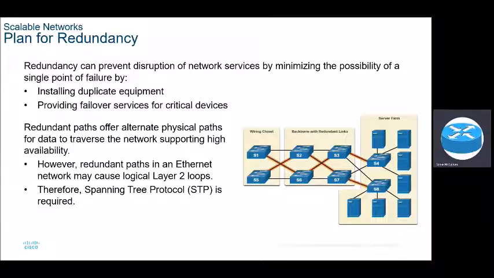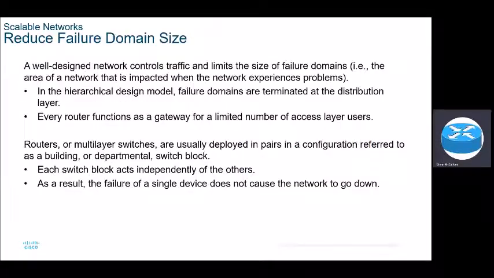However, redundant paths in an Ethernet network may cause logical layer 2 loops, and so of course we need spanning tree to save the day in that regard. And so a well-designed network controls traffic and limits the size of failure domains, i.e. the area of a network that is impacted when a network experiences problems.